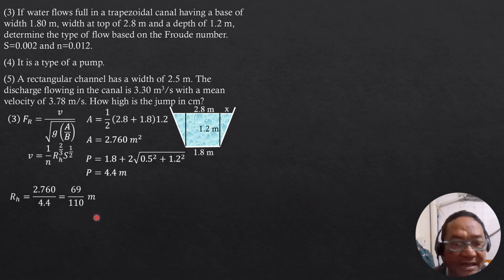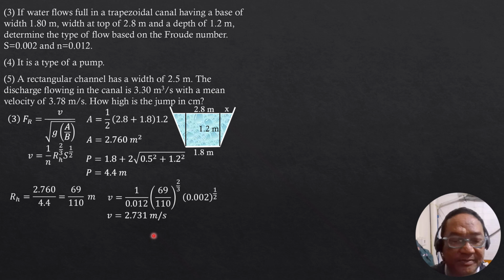Having found this hydraulic radius, we substitute it here to solve for V. V is 1 over 0.012, then hydraulic radius 69 over 110 to the 2/3, slope 0.002 to the 1/2. So the mean velocity of flow is 2.731 meters per second. Then compute the Froude number.